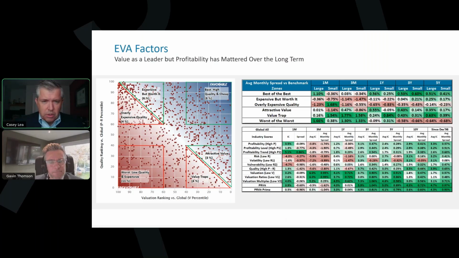So these are positions where companies that are high risk are being rewarded, and investors are shying away from the lower risk names. You will note that our profitability trend, P2 score, has seen some outperformance, even as quality has been off, as investors look for companies that can grow profit, especially in a low growth environment.